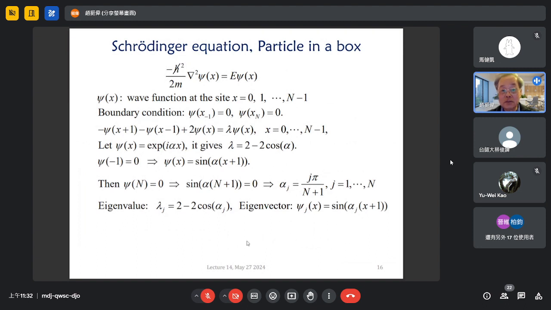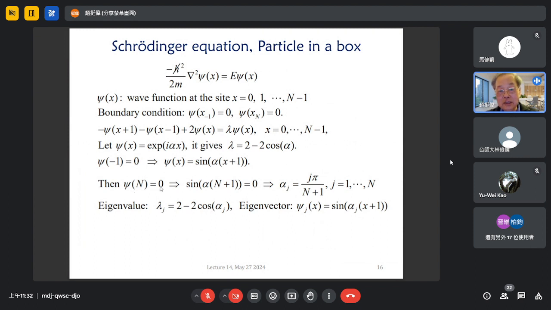So I can solve this problem analytically also. Since at the boundary psi of x minus 1 is equal to 0, psi x must be a sine function. You can see, when x equals minus 1, then minus 1 plus 1 is 0, so sine of 0 is 0. So this is satisfied.